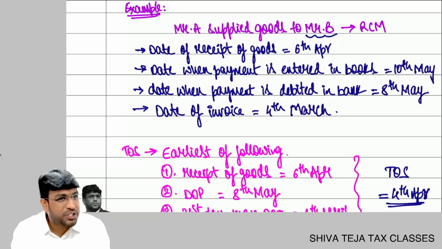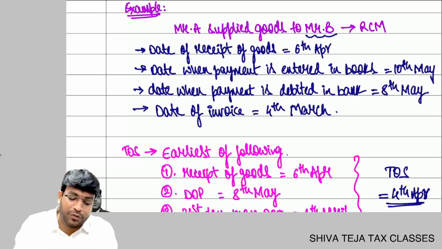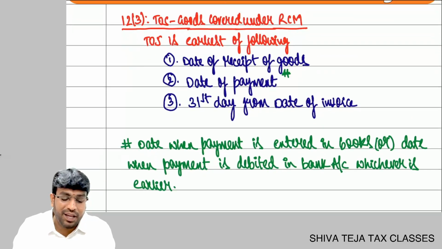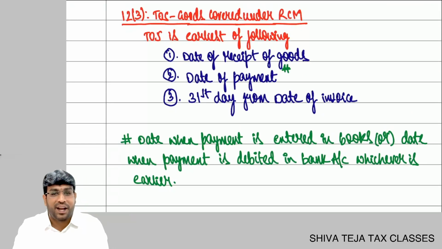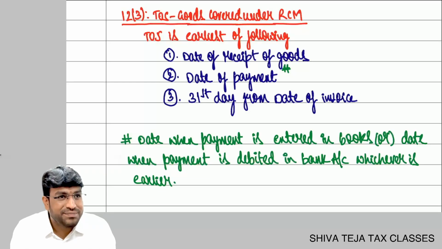Understood? That's the end of the story for which section, my dear friends? Section 12(3), time of supply for goods covered under RCM.